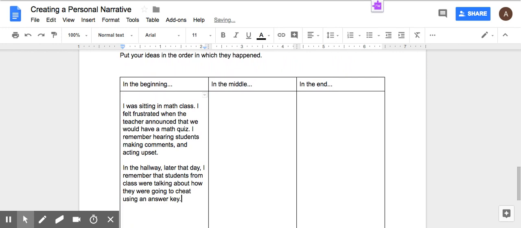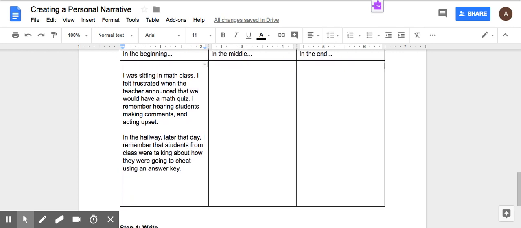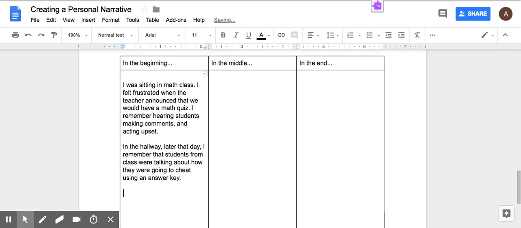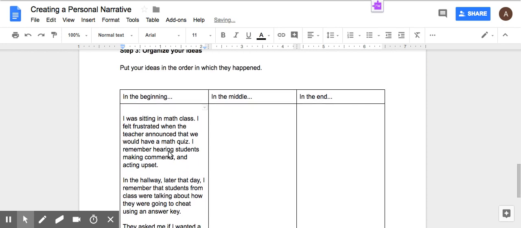One of them had found an answer key, was going to make copies of it, give it to their students, and they were going to cheat on this math test. This all happened in the beginning, and of course they asked me if I wanted a copy of the answer key. They wanted me to cheat with them.